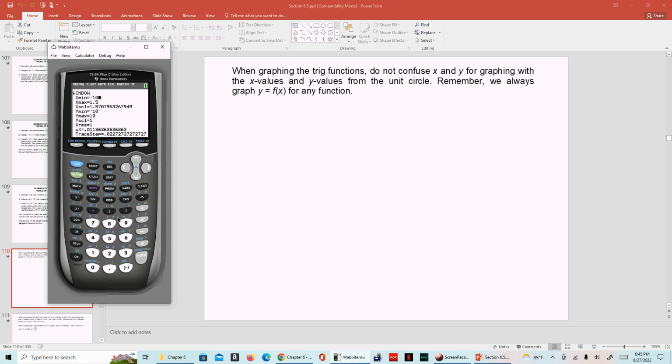I was thinking, since I'm doing pi's, let me do -2 pi, the max, let it be 2 pi, and then for my y min, let's let that be -1.5, and my y max, let that be 1.5, and I'll keep my y scale at 1, okay. So put that there, and then let's graph.